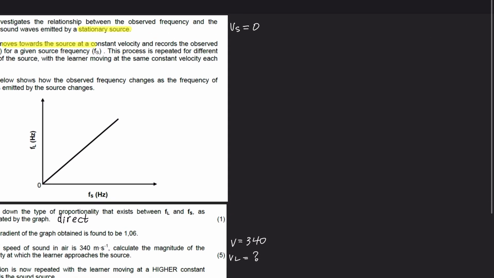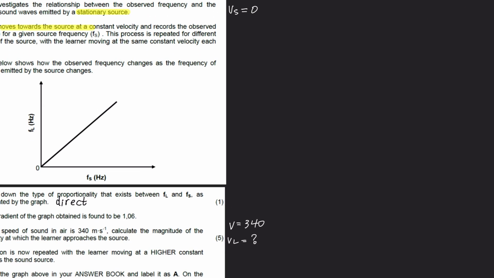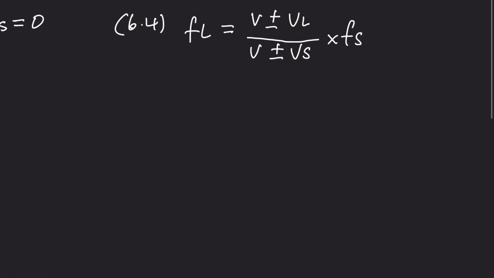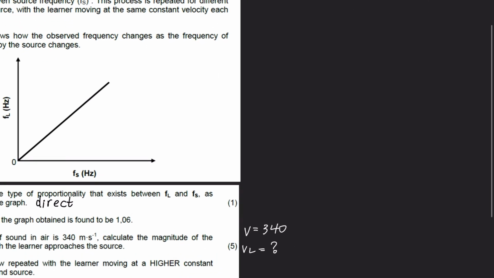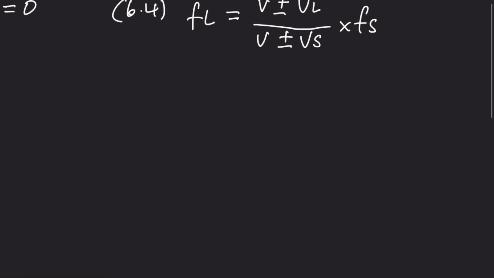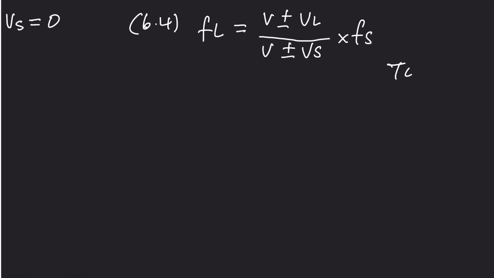Let's go to our formula and see if we can calculate it. So we'll start with the formula. So question 6.4, FL equals V plus minus VL divided by V plus minus VS multiplied by Fs. Now, when the listener is moving toward the source, we can change this equation.